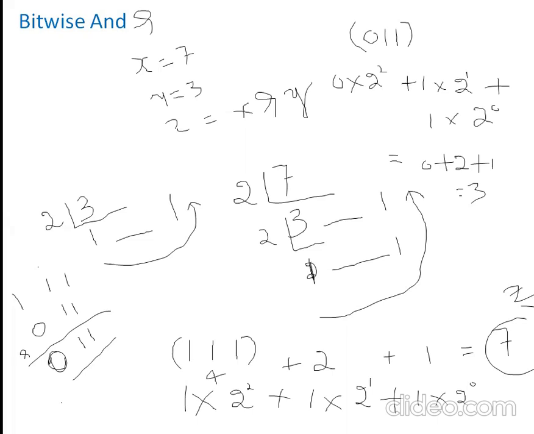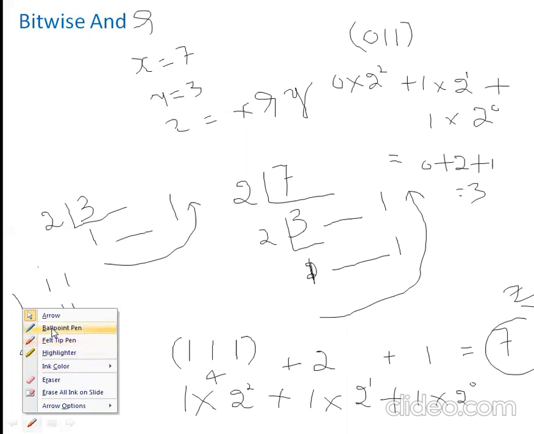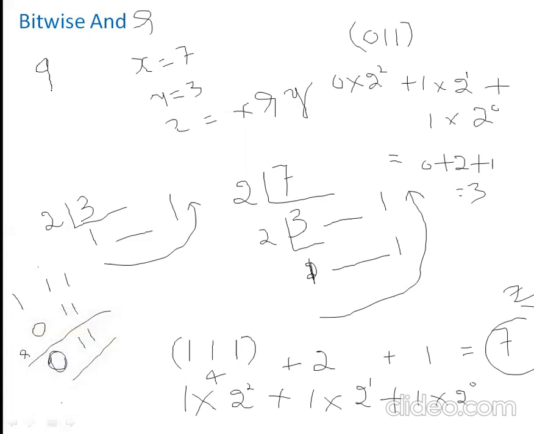How do you get the bits for 9? If I divide 9 by 2, the quotient is 4 and the remainder is 1. Again, 2 into 4 is 2, remainder 0.